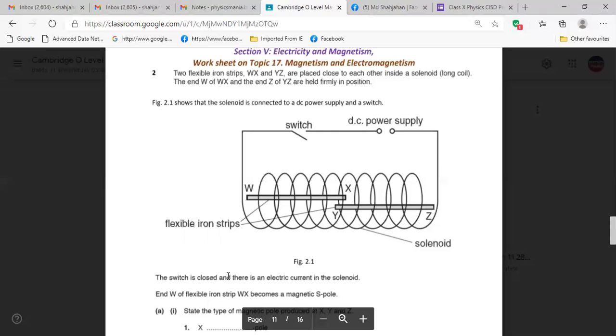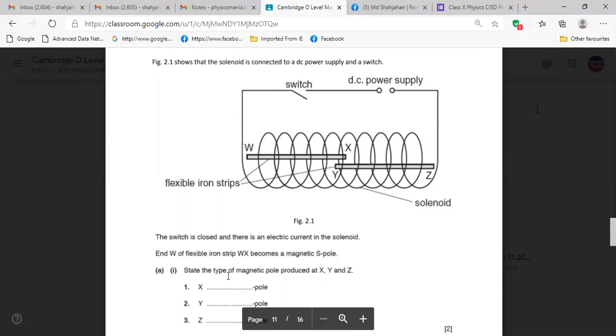The switch is closed and there is an electric current in the solenoid. End W of flexible iron strip WX becomes a magnetic S pole. State the type of magnetic pole produced at X, Y, and Z.